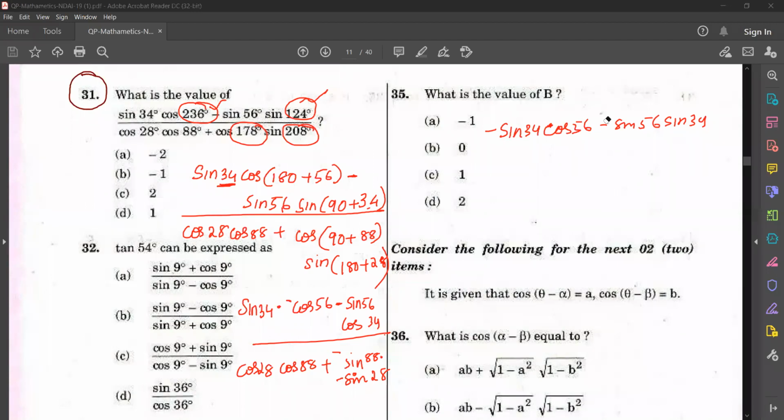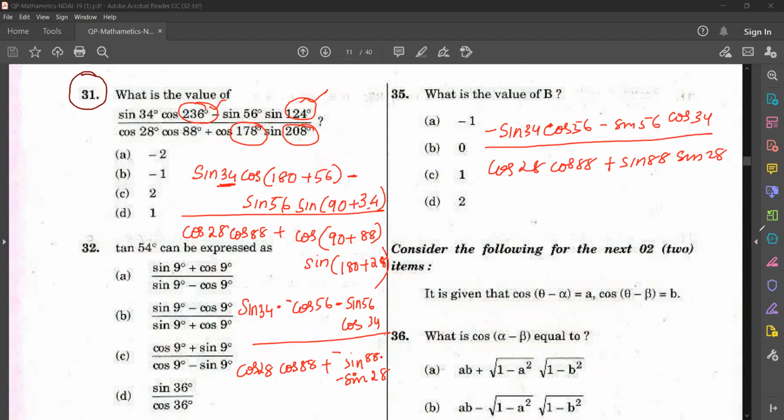So what am I getting? Minus sin 34 cos 56 minus sin 56 cos 34, divided by cos 28 cos 88 minus sin 88. This minus and minus will go, so it is plus sin 88 sin 28.